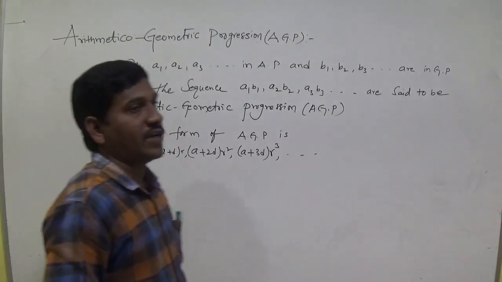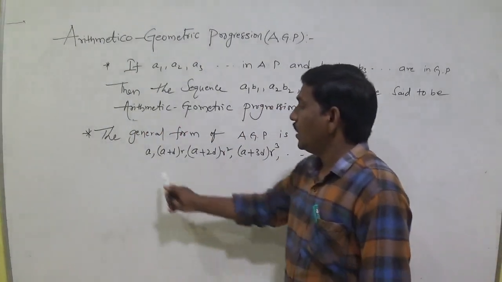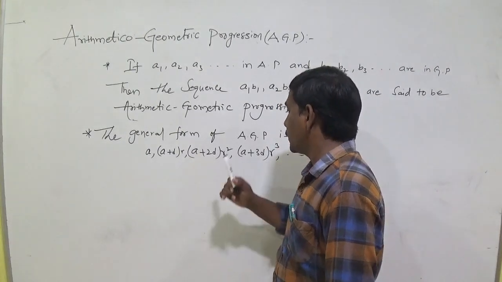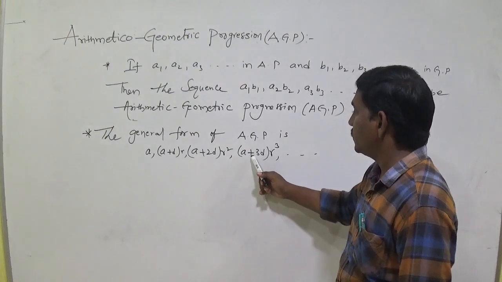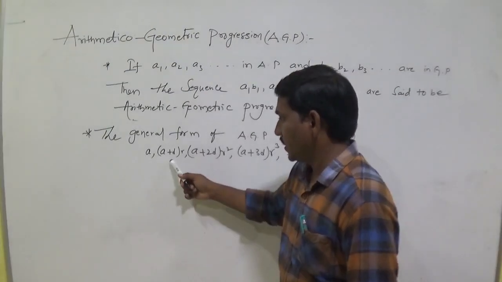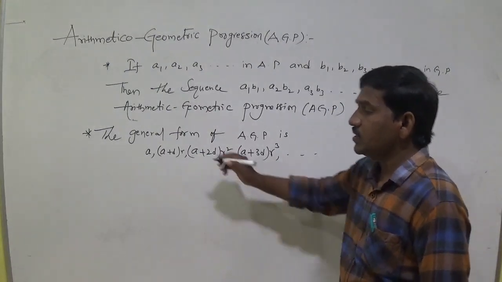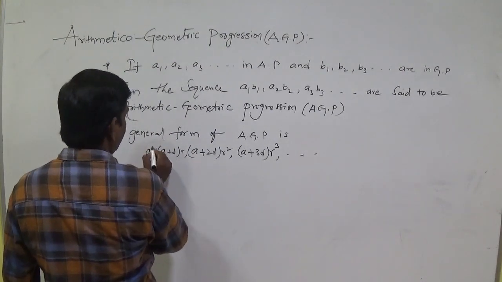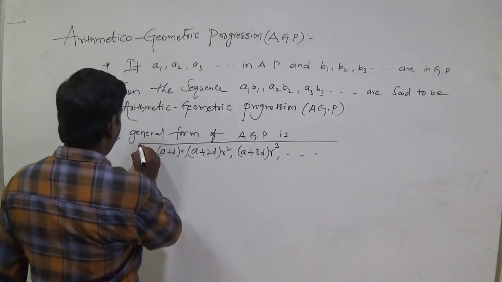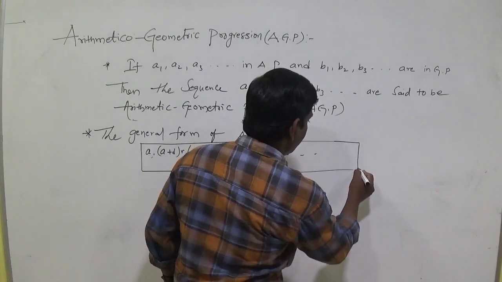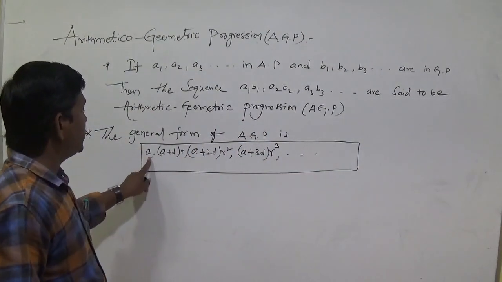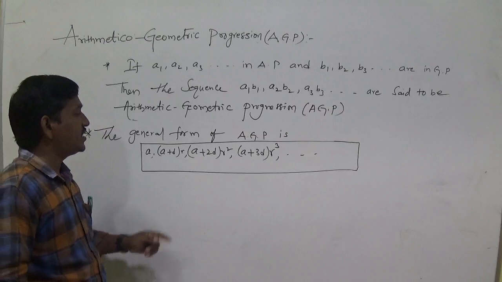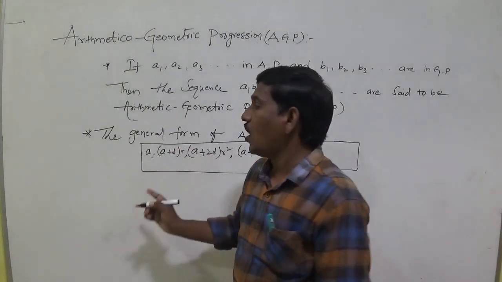These are the first term, second term, third term and fourth term. This is the general form of AGP. Here a is the first term of the AP and d is the common difference of the AP. Here r is the common ratio.